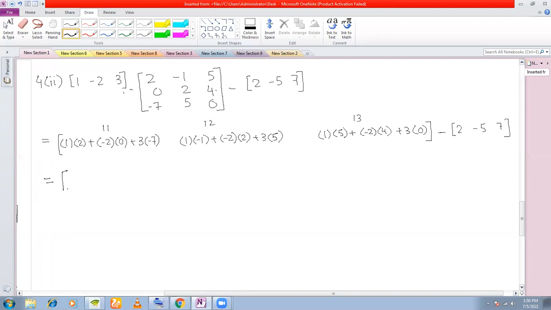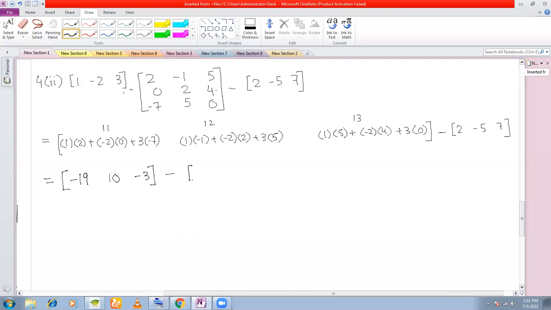Here, you're getting 2, 0, and -21. -21 plus 2 is -19. Right? Here, you have -1, -4, and 15. So 15 minus 4 is -1... 15 minus 5, which is 10. And here you have -8 plus 5, which is -3.